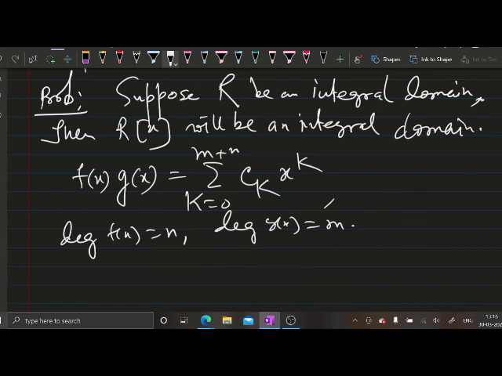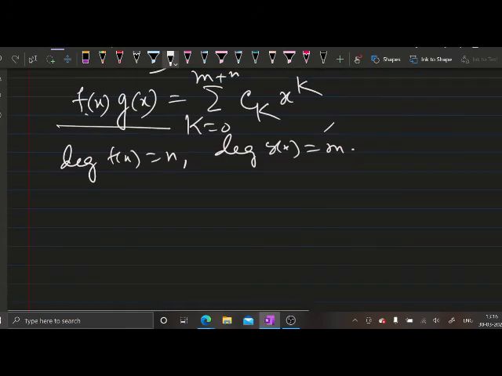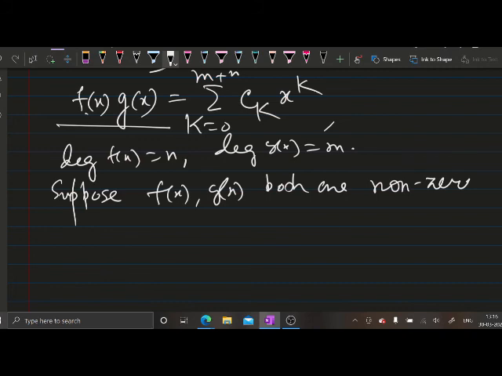Now you need to check whether this product of f(x) and g(x) is 0, where you have considered f(x) and g(x) both to be non-zero polynomials.